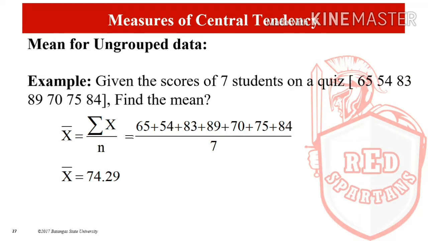So, ilagay natin 65, 54, 83, 89, 70, 75, and 84. Then, after mong ilagay yung data, pindutin mo yung key na AC, yung kulay orange sa calculator, kasi yung data mo ay na-save na sa calculator. Then, click mo lang yung SHIFT, then 1. Then, lalabas dyan is Type, Data, Sum, Var, Distr, and Min-Max.